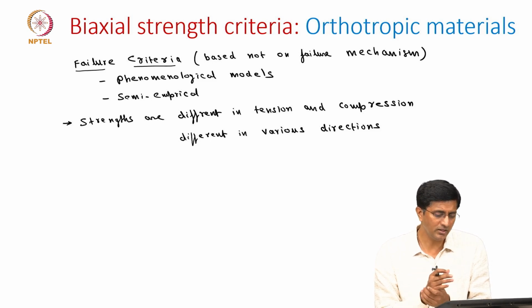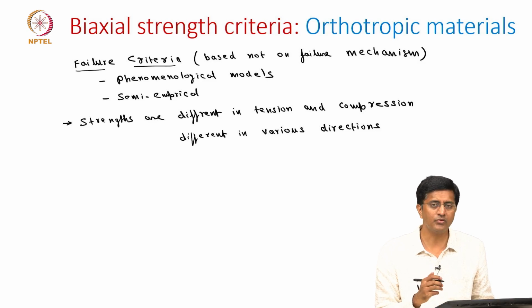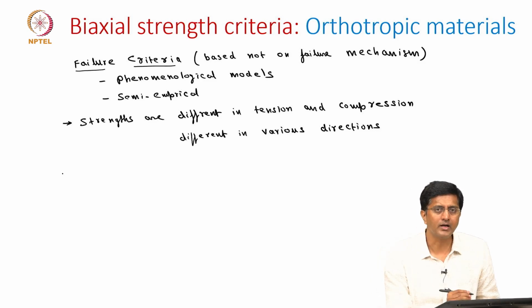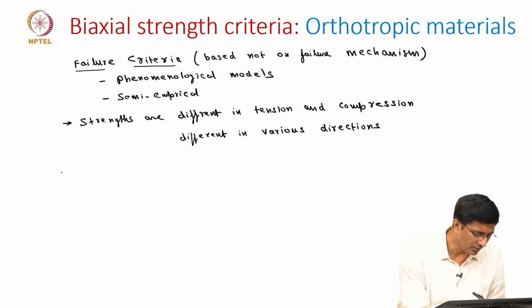So we cannot blindly use even these principal stresses sigma 1 and sigma 2. Instead, what we do is we use the stresses along the fibers and perpendicular to the fibers. Unlike isotropic materials where we used principal stresses to come up with a failure criteria, here we use the stresses in the material coordinate system.